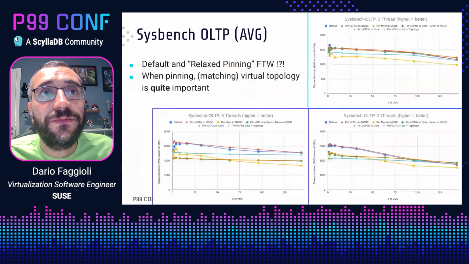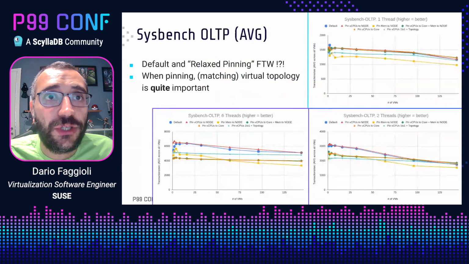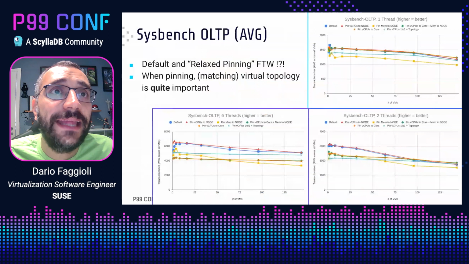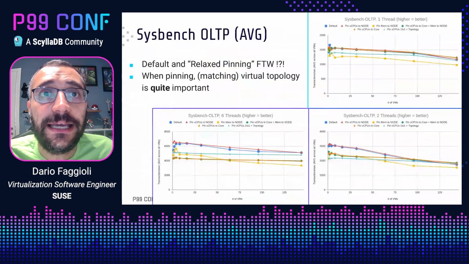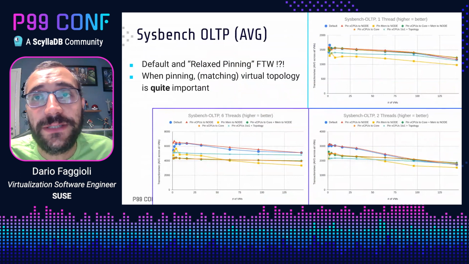Okay, this one here now is Sysbench OLTP, the database workload. And we can see again that in terms of average performance, the fully tuned config is not really the best performing one.